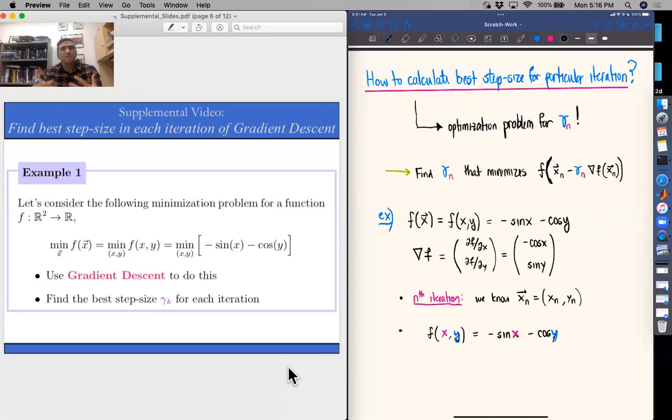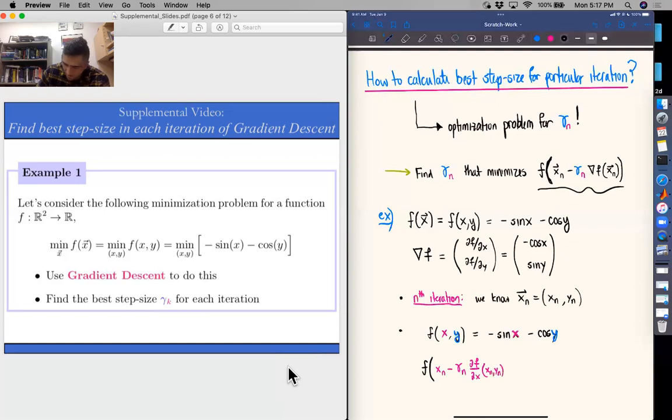If we look at the function that we're evaluating as a vector evaluation, when we write this function again, we're basically writing this as the x component n minus our unknown gamma n times the gradient in the first component, partial f, partial x, evaluated at xn, yn.